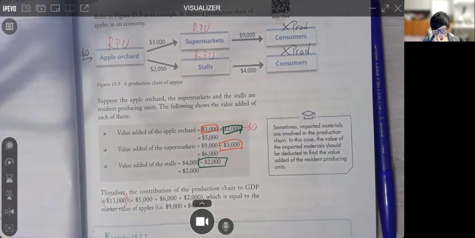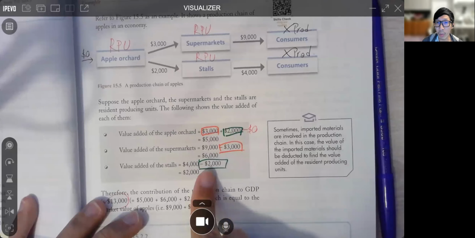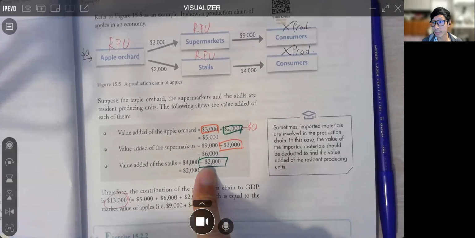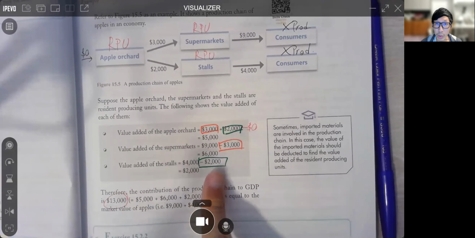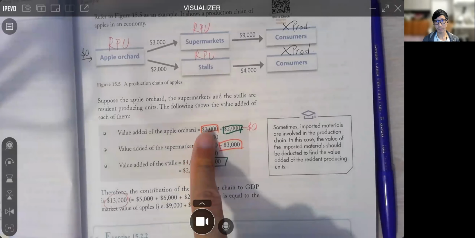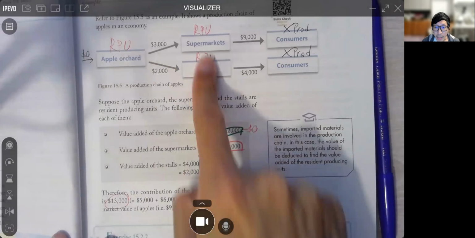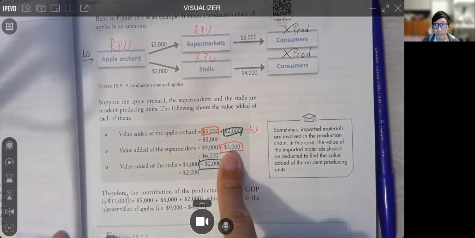Boys, do you see, when we use the production approach, we are actually automatically tackling the problem of double counting. Do you see? I added 2000 earlier, but if it appears again later, I will deduct the 2000 here again. Originally, I have 3,000 here. It appears again from the supermarket, so I deduct the 3,000.